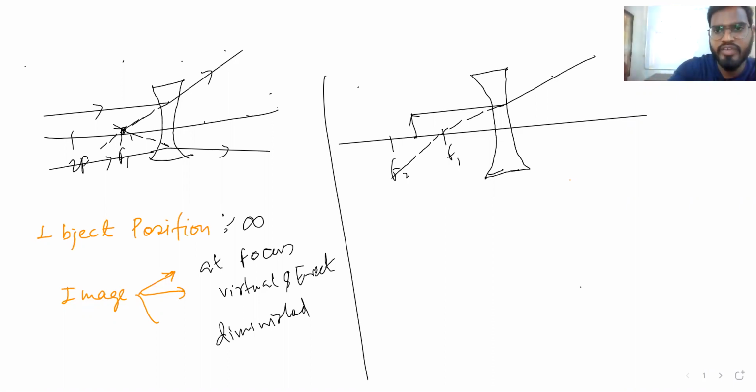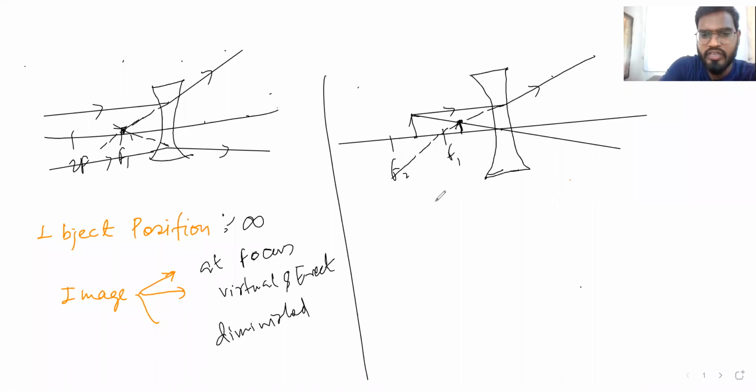And then next we can take a ray of light passing through the optical center. If it passes through the optical center, it will retrace its path, right? So somewhere here the image is formed.